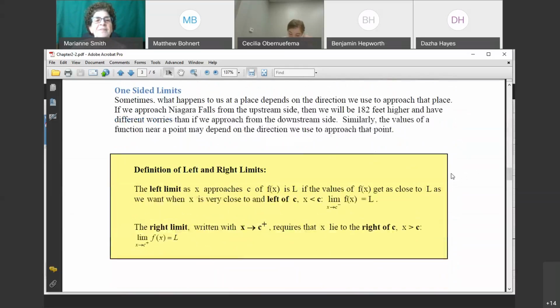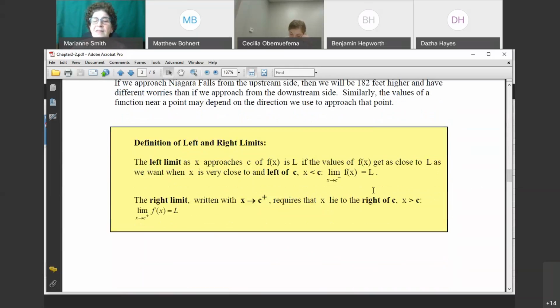So here's the left-hand and right-hand limits. This is a notational thing, so I just want to make sure you understand the notation here, okay? The left-hand limit, as x gets close to c of a function, is L if the values of f of x get close to L as you get close to c on the left.